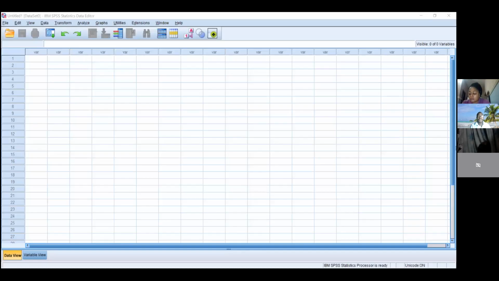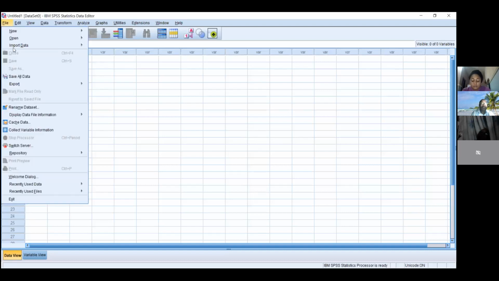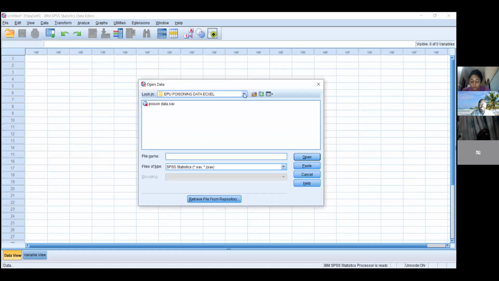That's great. So go to file now. You know where you saved the file I sent to you, the document I sent to you, right? Open data. Yes, open data. Then go and look for it now. You can go and search for it. Yes, you want to type it in.